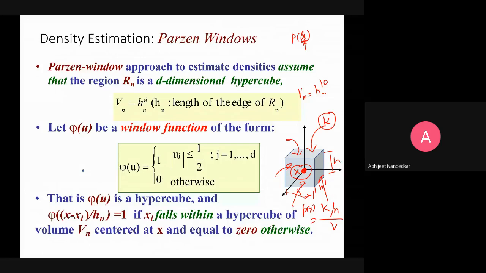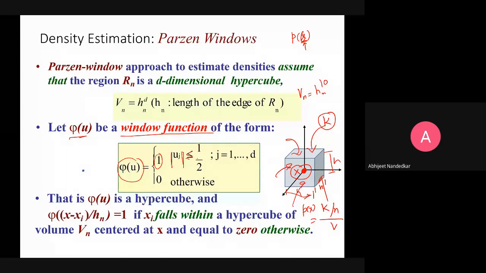Now here we can form a window function, say psi of u, where this function returns me 1 when the mod of uj is less than or equal to half.